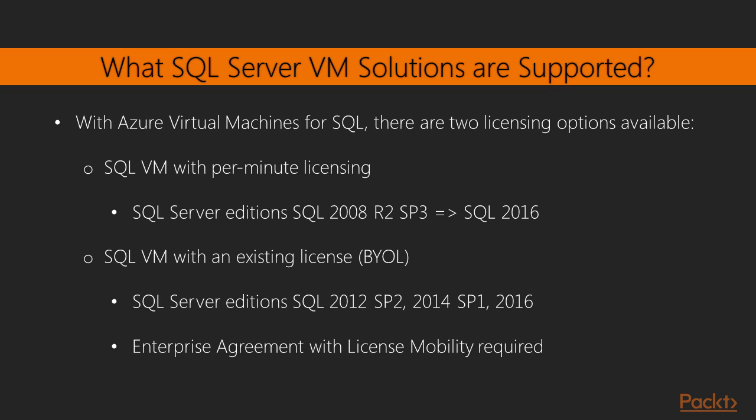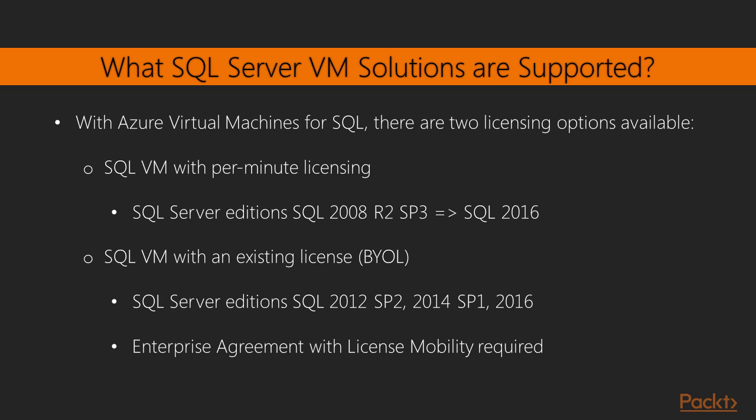Now another approach is really interesting if you're, for example, executing a lift and shift scenario where you're running virtual machine SQL instances in your on-premises environment today, and for whatever reason you want to migrate a VM to Azure.